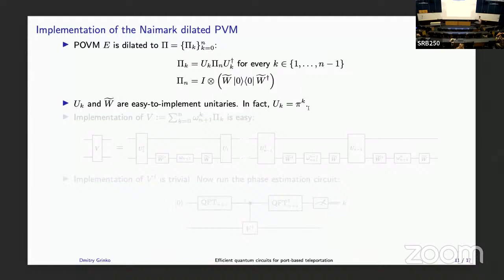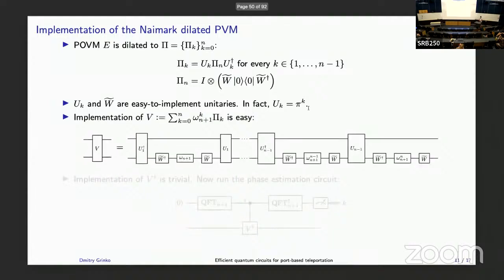Now, if you ask how to actually implement this projective measurement, the answer is kind of easy. You want to construct this unitary V and do a phase estimation on it. This will implement a projective measurement with those projectors pi. And how do you construct such a unitary V?